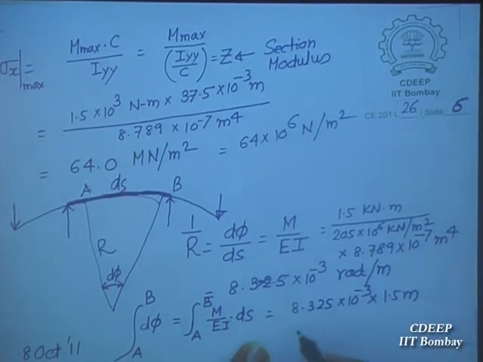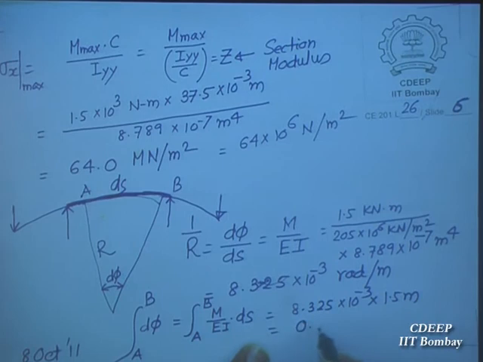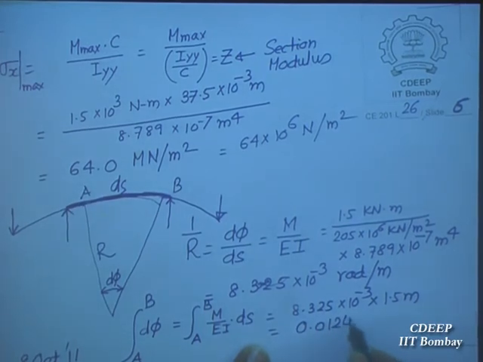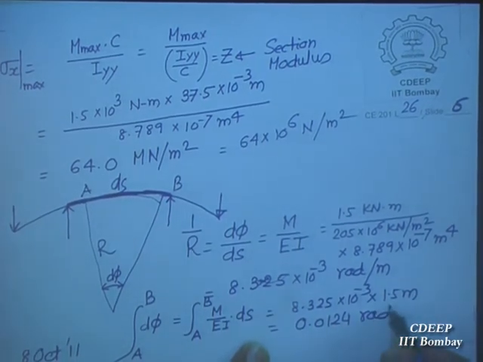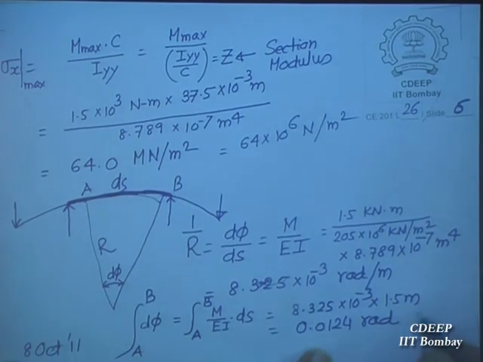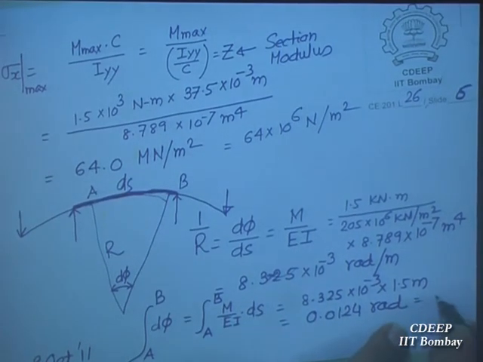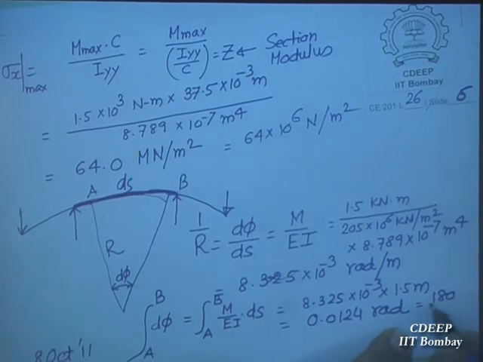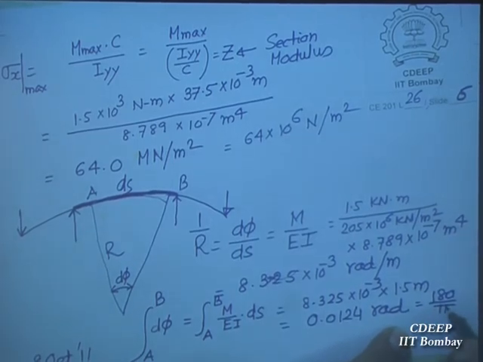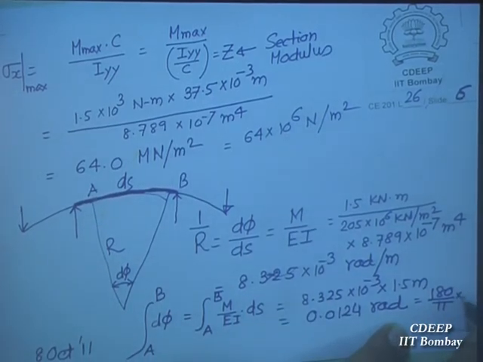So this comes out to be 0.0124 radians, and that is equal to 180 divided by pi multiplied by 0.0124.